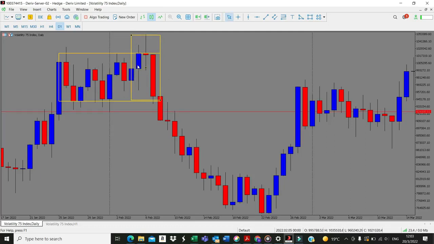We see a bullish candle, then 2 red candles. So our confirmation comes on the second bearish candle. We got this bullish one, 2, 3. We don't sell the moment we see a bearish candle close like this. No, we don't sell at that very moment. We sell after the second bearish candle, which happens to be this one in this case. When it closes like this, then we can sell.